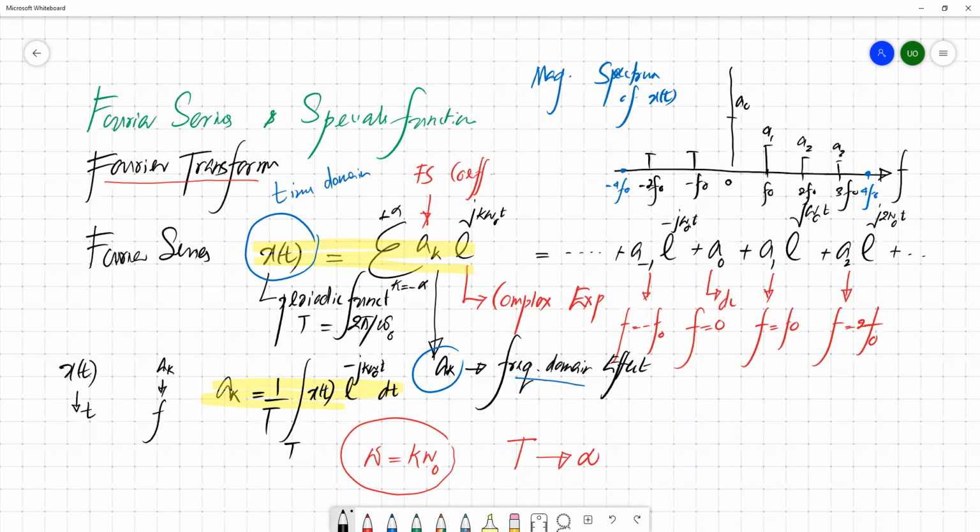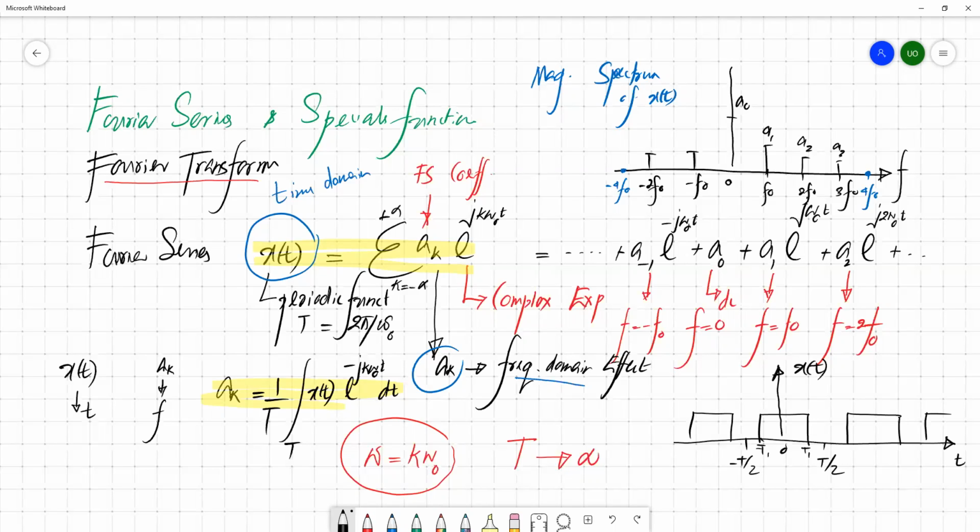So let's think about a very simple function. We have this kind of function. So this is your x(t). Let's assume this is periodic. So this is T by 2, this is minus T by 2, this is minus T1, and this is plus T1.